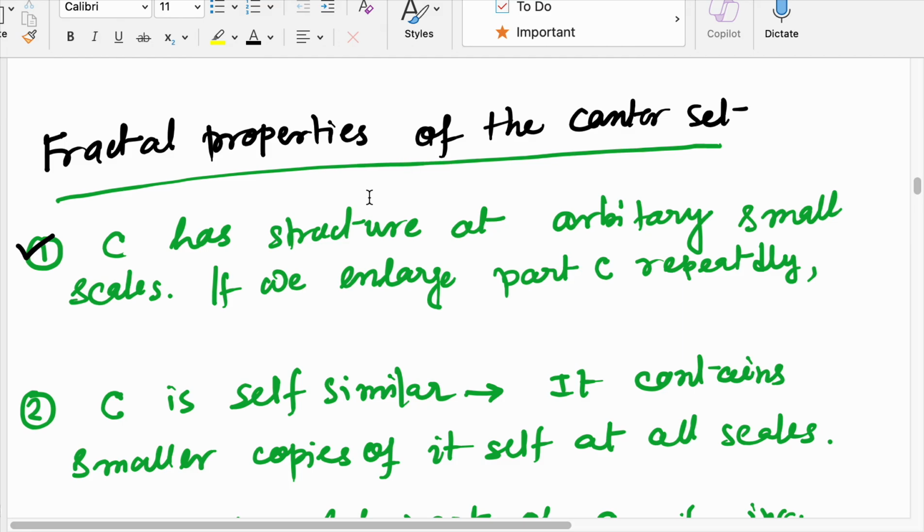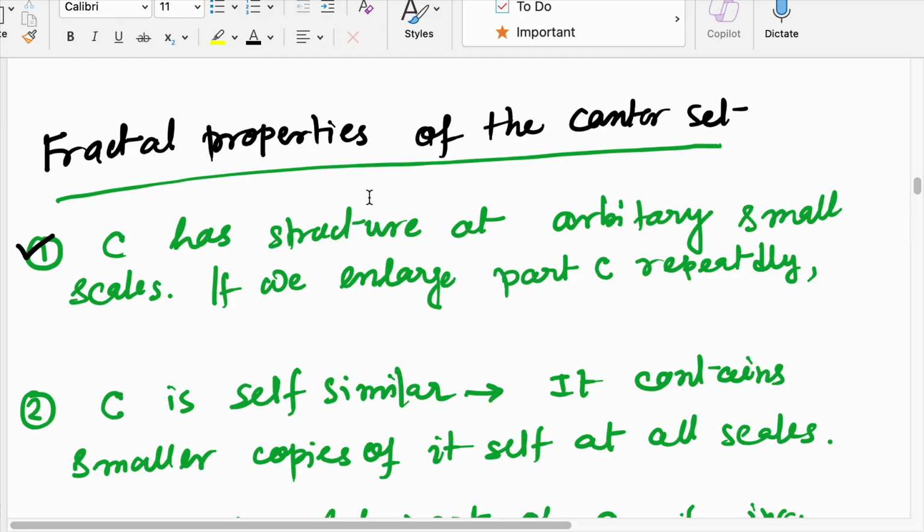On the other hand, there is an example of a fractal, which is the Cantor set. For the Cantor set, we have seen that in whatever smaller region we zoom into, we find multiple points, and those points are separated from each other by various kinds of gaps.